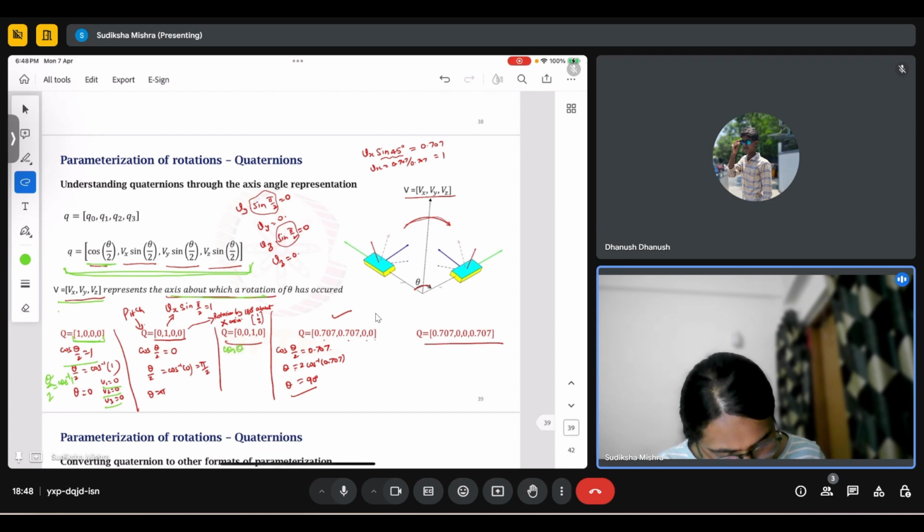Again, cos theta by 2 is equal to 0. So theta by 2 is cos inverse of 0, which is pi by 2. So theta is equal to pi.